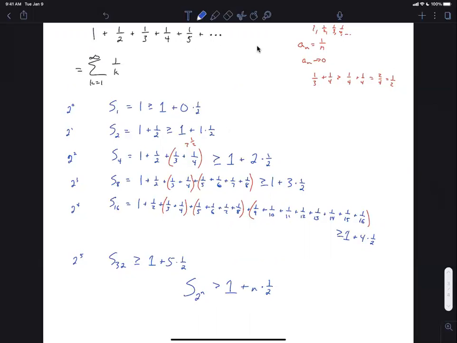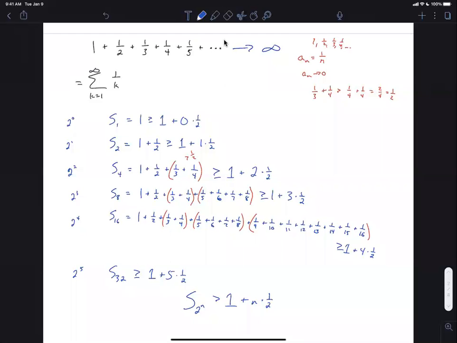But if you add enough of these, you can get the sum bigger than 1,000,000. If you want the sum bigger than 1,000,000,000, you need 2 to the 2 billionth terms. That is really weird to think about, but that means eventually this sum gets as large as you want. So this goes to infinity.